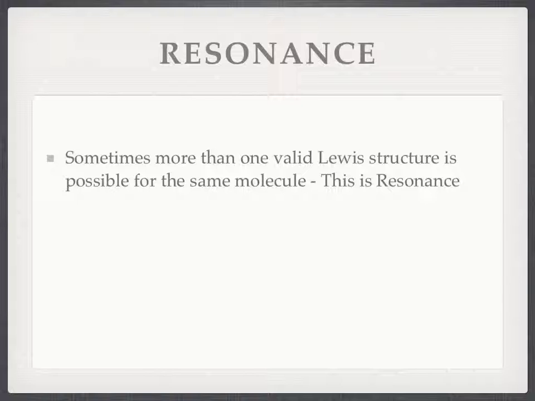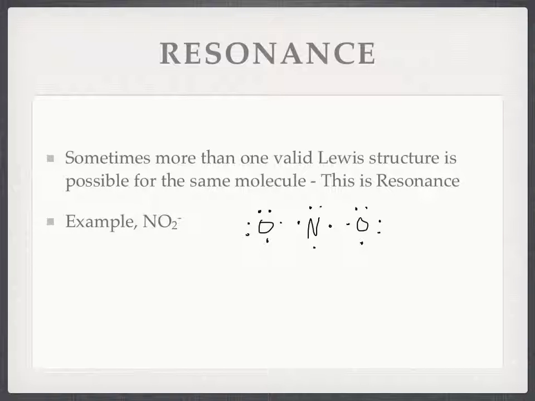All right, the last thing we want to talk about is resonance. Sometimes it's possible to draw 2 valid structures for the same molecule. Anytime that happens, that is known as resonance. Let's take a look at this example. We've got NO2 minus, and so we've got 2 oxygens, and each oxygen right now has 6, and I've got that 1 extra electron because of the minus.